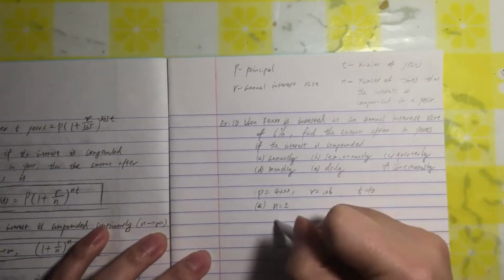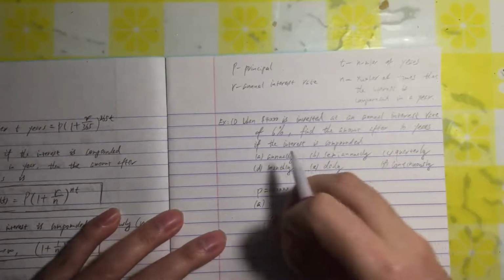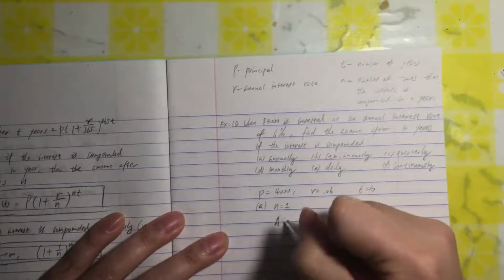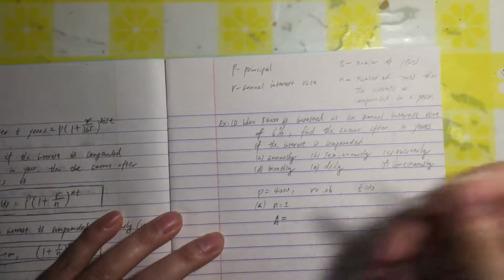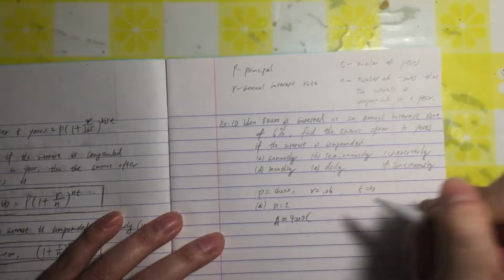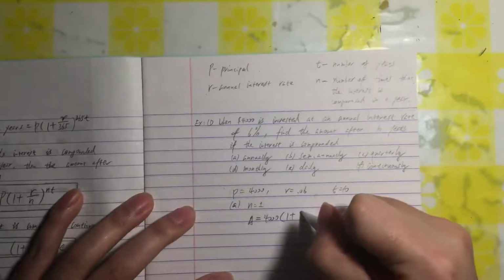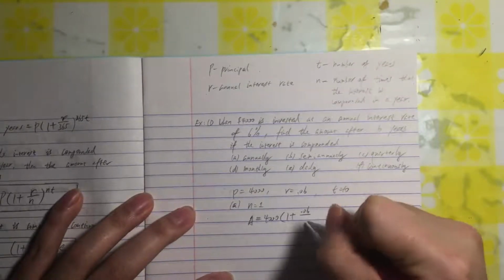So plug in. The amount after 10 years is P times 1 plus R over N. Here R is 0.06, over N, N is 1, to the power of NT.